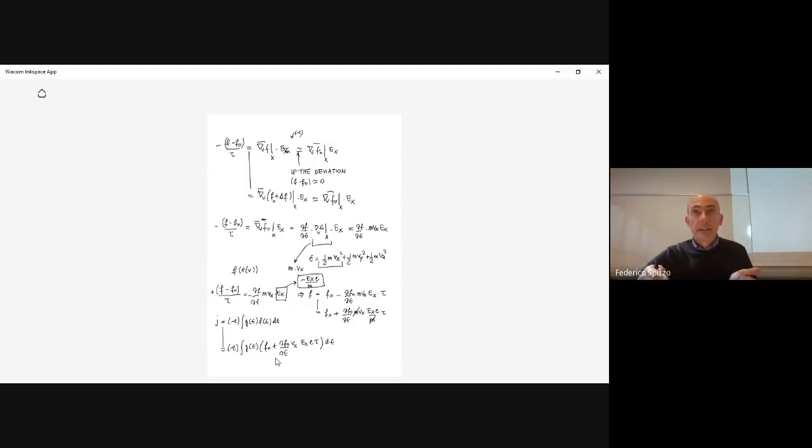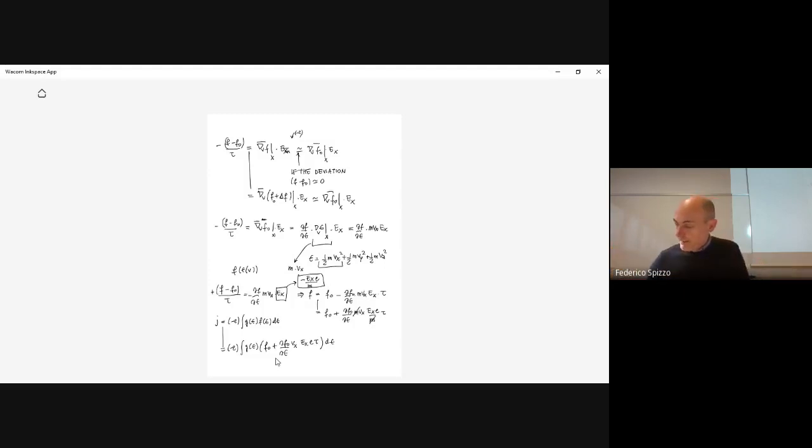The integral with F0 tells you what is the amount of current that flows through the system when the system is at equilibrium. And this contribution is expected to be zero, because at the equilibrium, the average velocity is zero. So I may neglect the first term, F0, as the contribution of F0 is equal to zero to the integral.